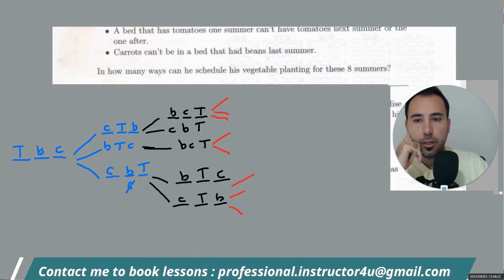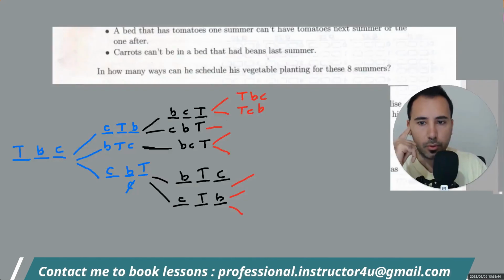So BCT, T has to be in the first place. It took the place of B, so it's going to be TBC and TCB. Now this one, I didn't write it so well, let me clean it. So this one is the one that gives only one more.